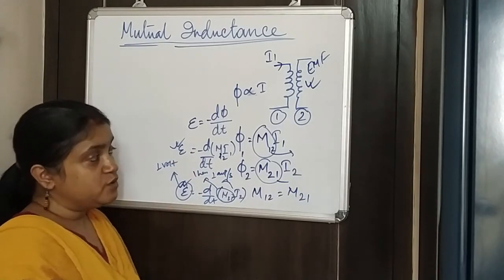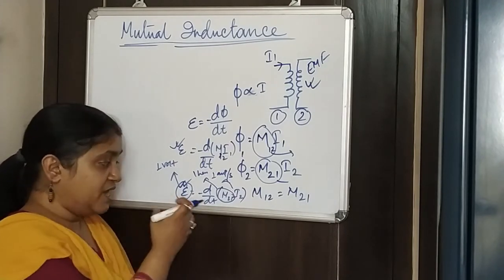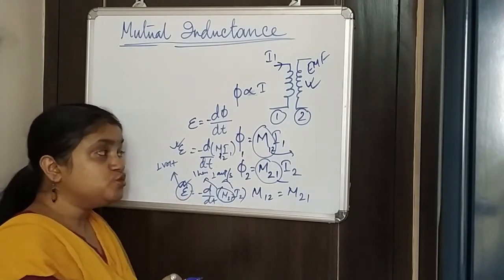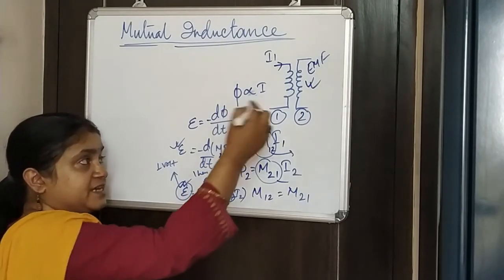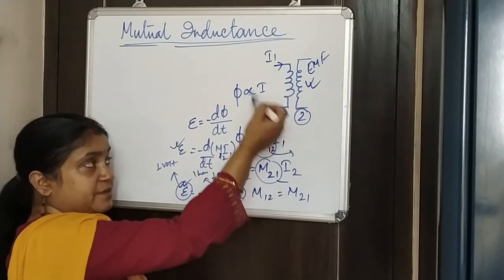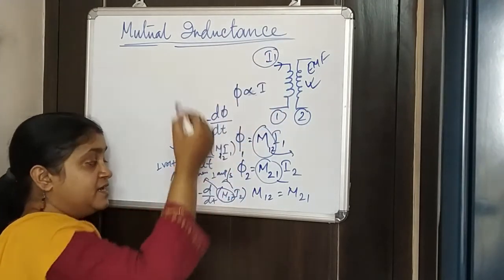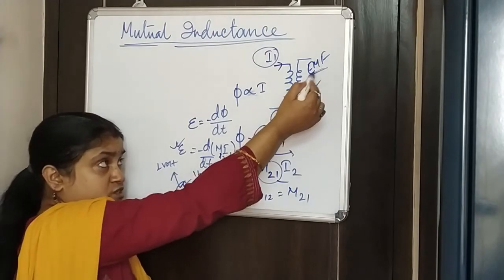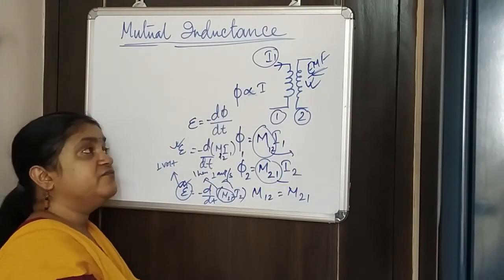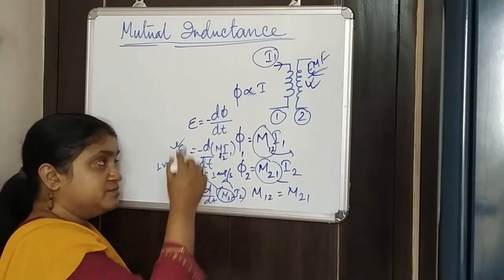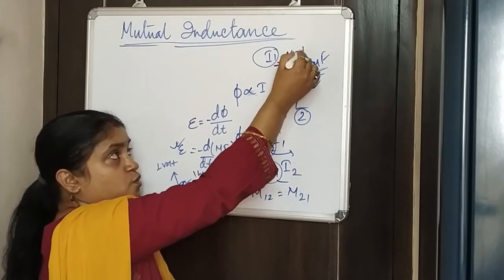So 1 Henry is the mutual inductance if, for a change of 1 ampere per second in the primary coil current, the EMF produced in the secondary coil is 1 volt.